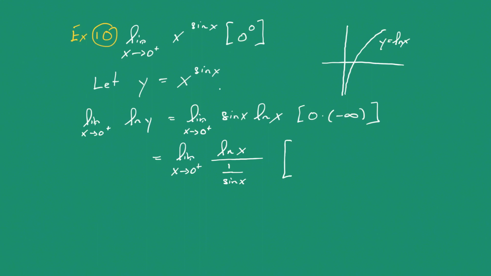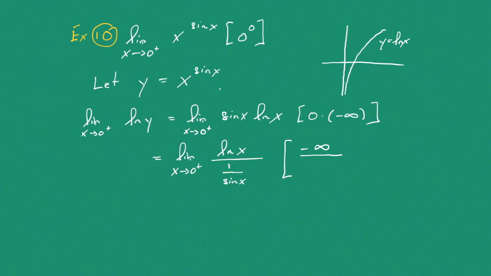Well, the numerator, that log x, is still tending to minus infinity, and for x very close to 0 and x bigger than 0, sine x is going to be close to 0 and bigger than 0. So we're going to have 1 divided by a very small positive number, which is going to be a very large positive number.